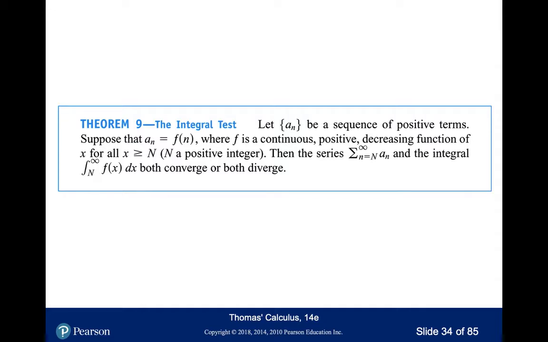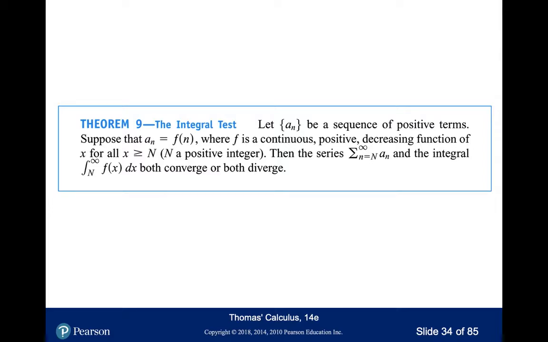For this, we need our sequence to be of positive terms only. If we have negative terms, this test will not work for us. What we're going to do is define that sequence rule as a function. That function must be continuous, it must have positive values, and it must be decreasing at least after some point.